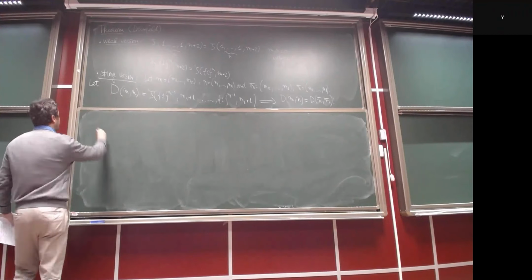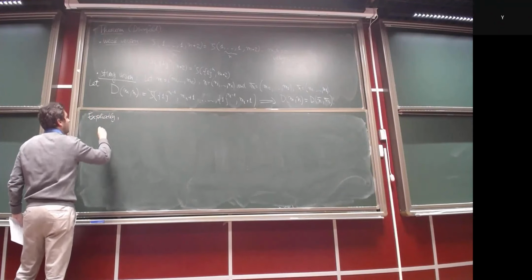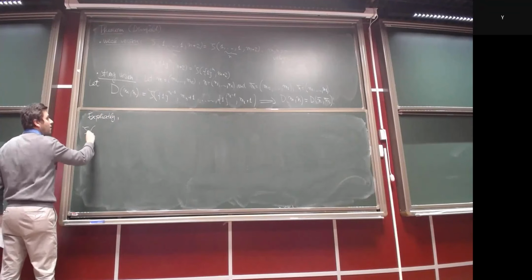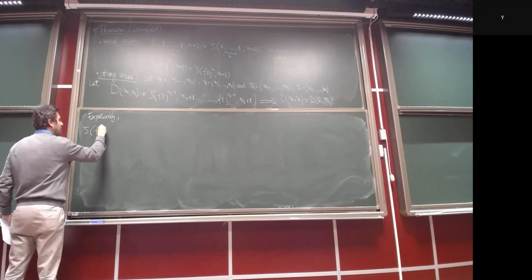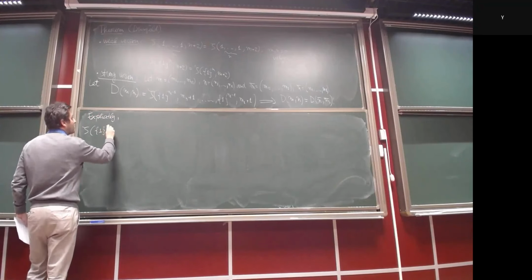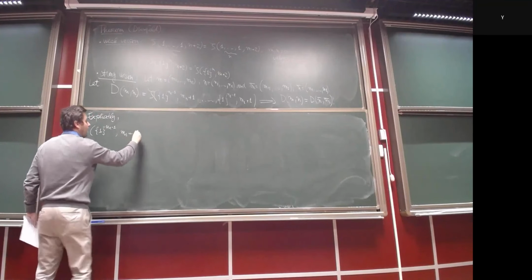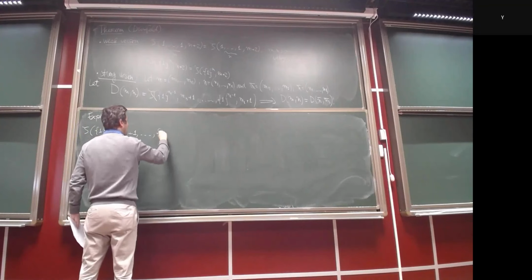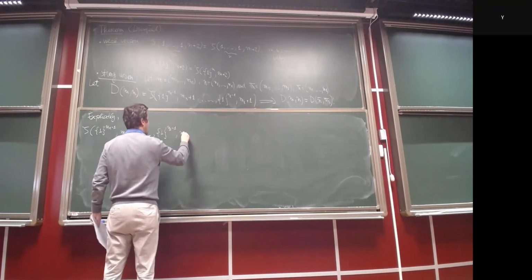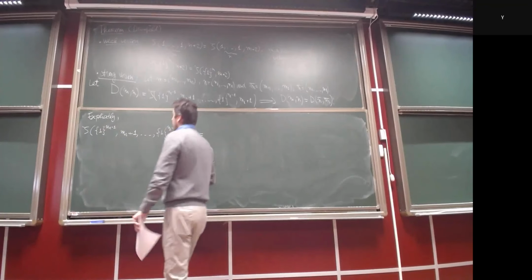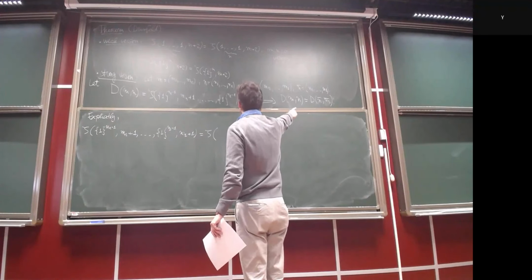So let's write it explicitly. This is zeta of, I can write it in terms of integrals if I want, but let me just write it with zeta. This is n_R minus 1 and m_R plus 1, then n_1 minus 1 copies of 1, m_1 plus 1. And now this will be a zeta of, and now it's n bar, m bar.